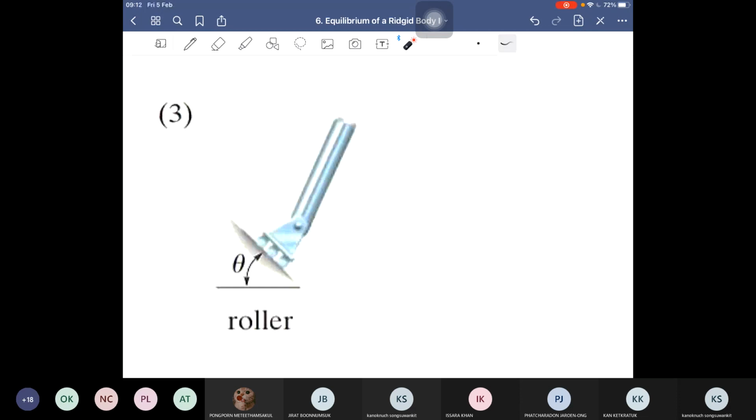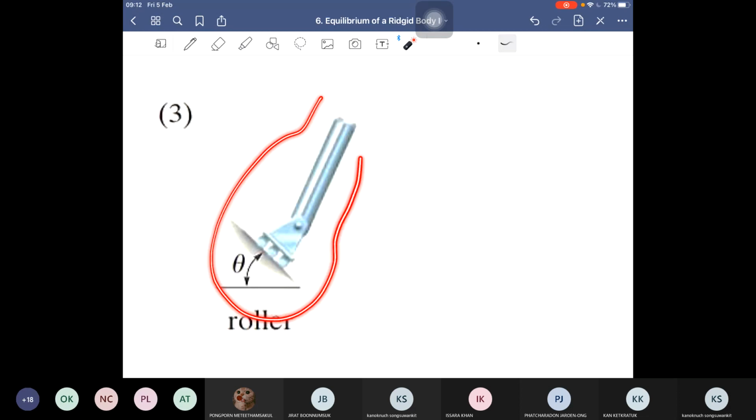For the roller too, right? Because this slot is pinned by this pin, you can see that this slot still can rotate in any direction. So this roller does not produce a couple moment, but only a force.